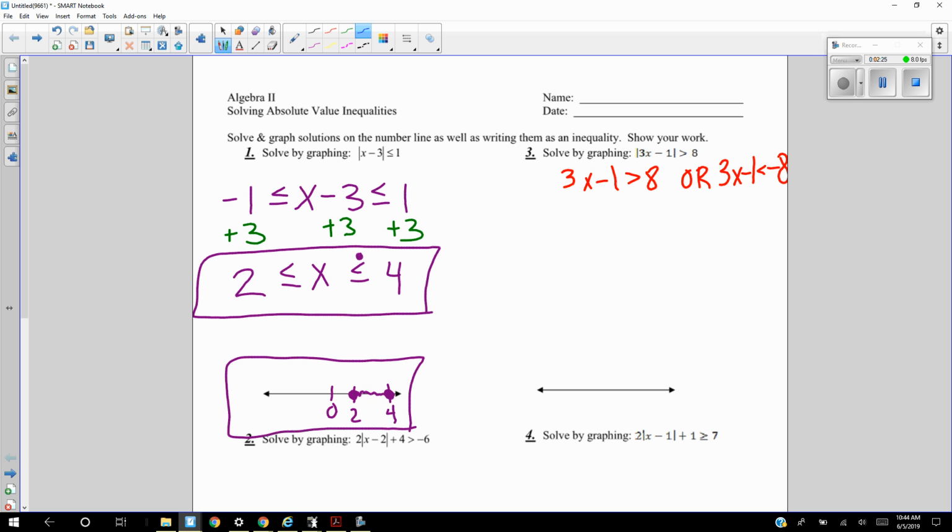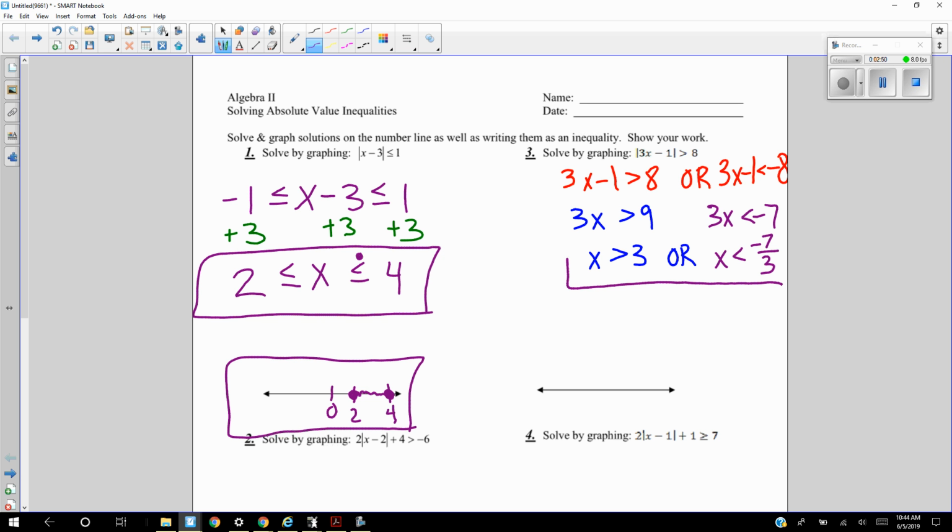And then solve both those inequalities for x. Add 1 to both sides. Divide both sides by 3. Add 1 to both sides. Divide both sides by positive 3. We do not flip the symbol since we're dividing by a positive number.